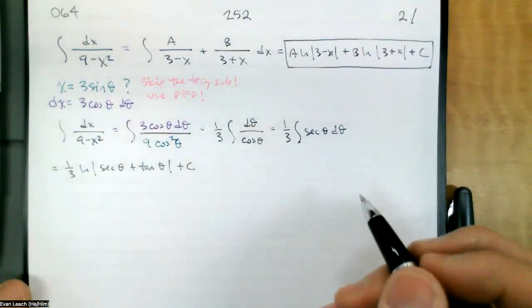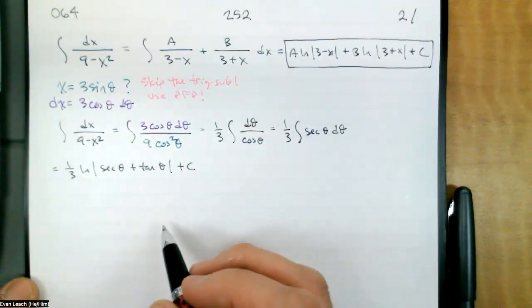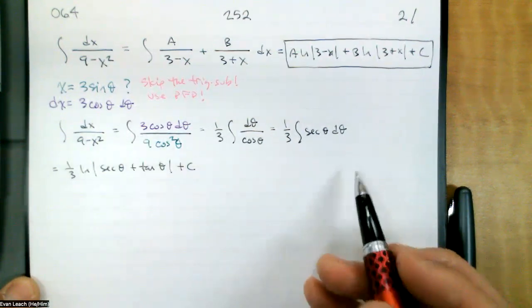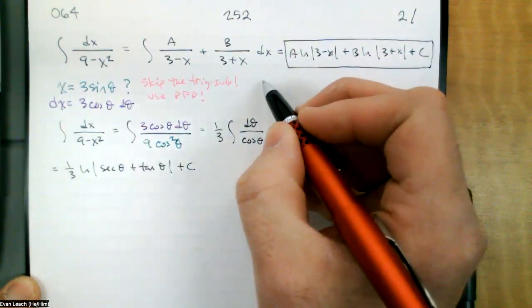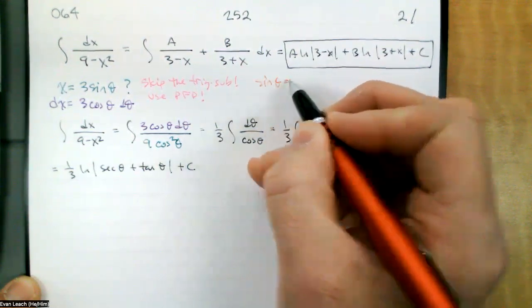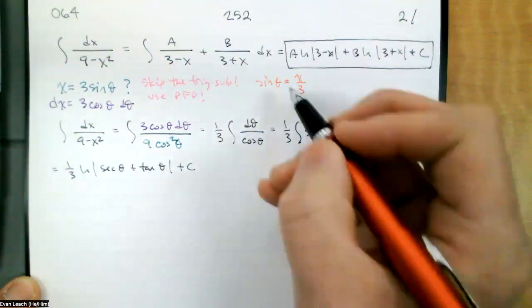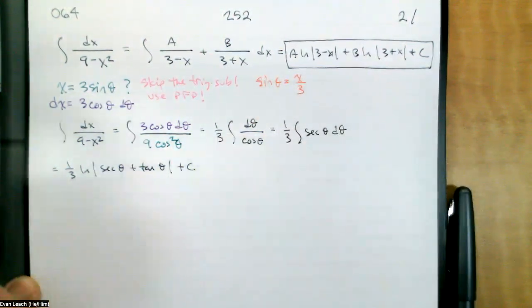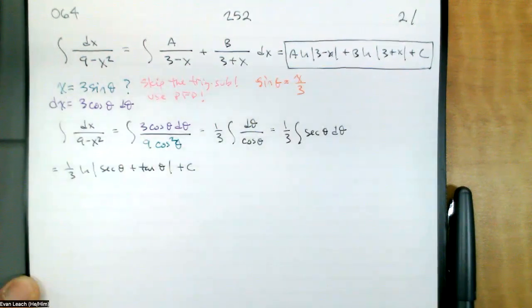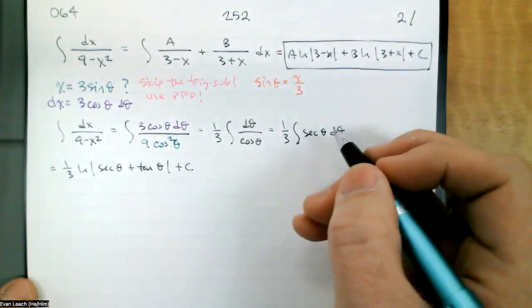So if x is equal to 3 sine theta, then sine theta is x over 3. I don't need theta, so I'm not going to bother with theta, but we are going to need cosine and tangent and secant.